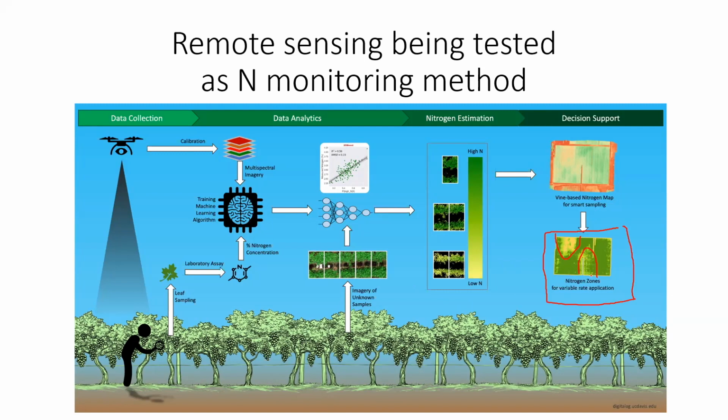So a grower could use this kind of a map either to better select areas for sampling for their traditional sampling scheme, or maybe if we can improve these algorithms even more, perhaps at some point in the future we could just use imaging and not need to collect tissue samples to go to the lab. So that's our idea.